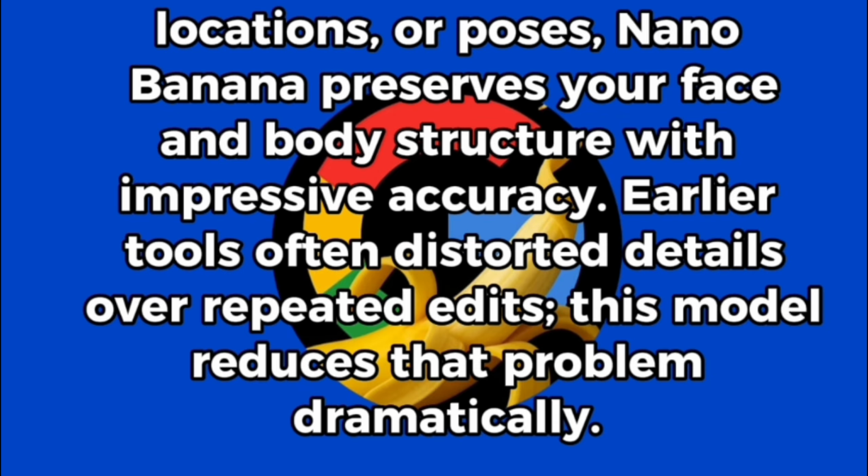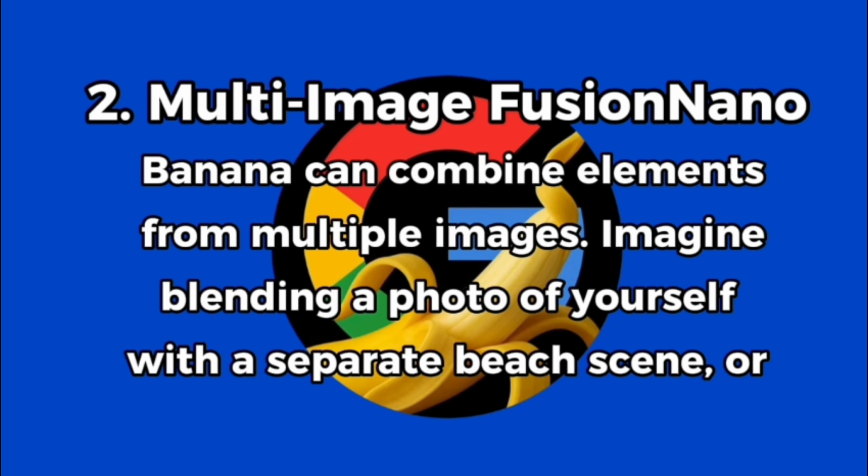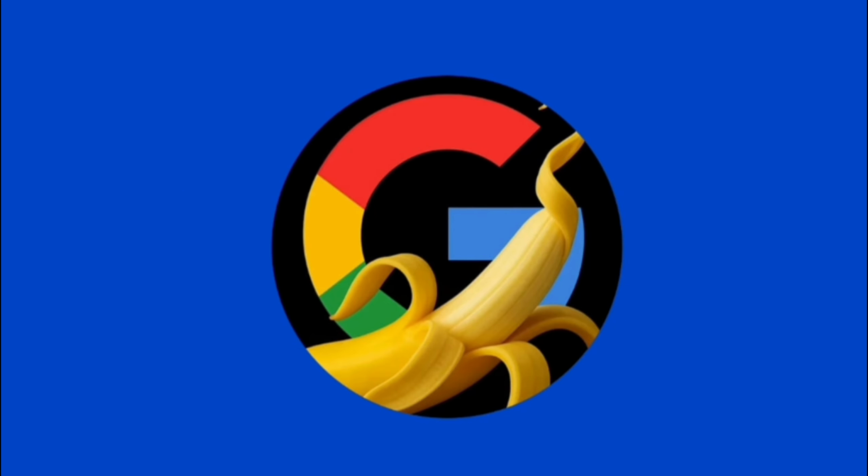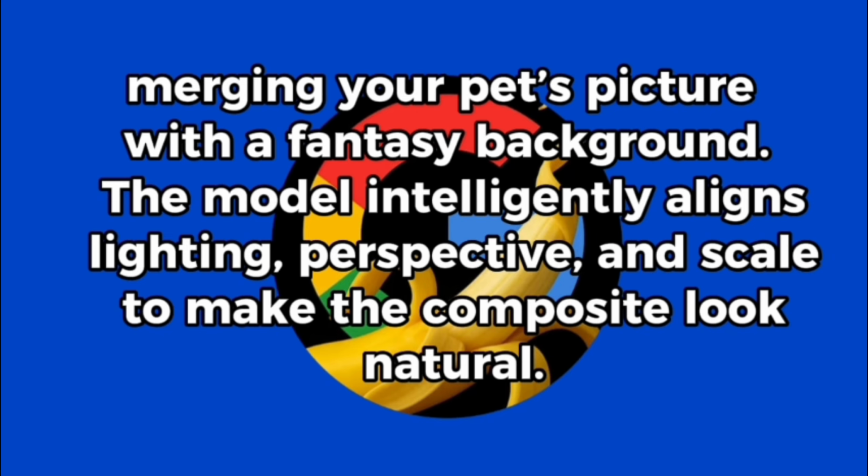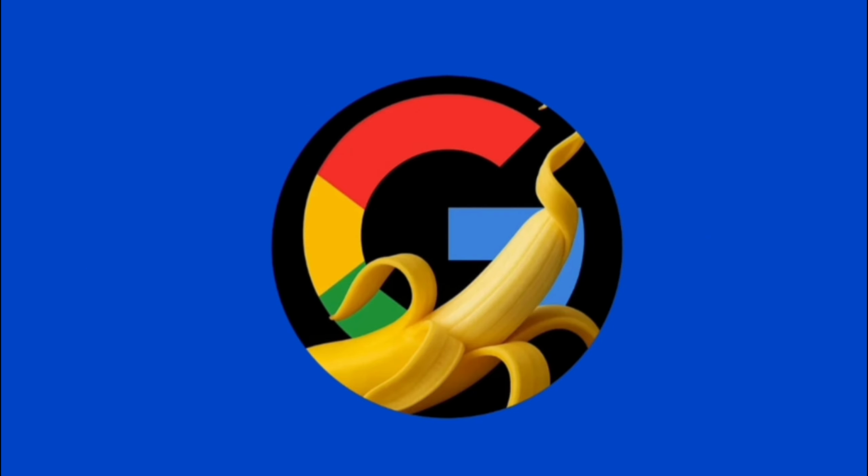This model reduces that problem dramatically. 2. Multi-image fusion. Nano Banana can combine elements from multiple images. Imagine blending a photo of yourself with a separate beach scene, or merging your pet's picture with a fantasy background. The model intelligently aligns lighting, perspective, and scale to make the composite look natural.